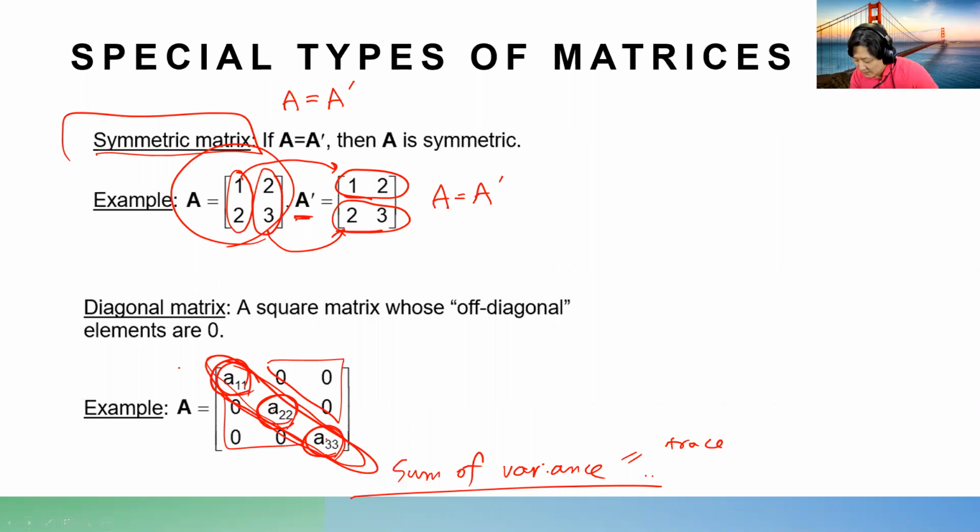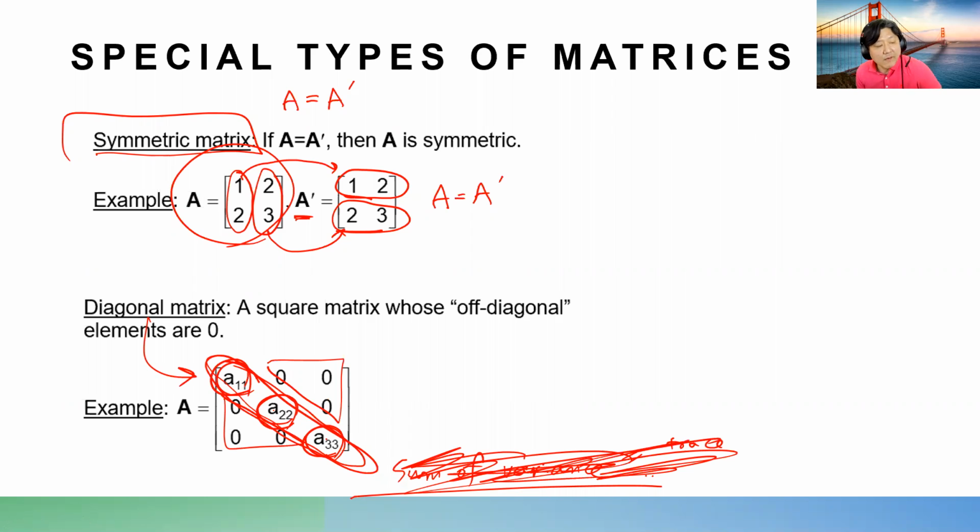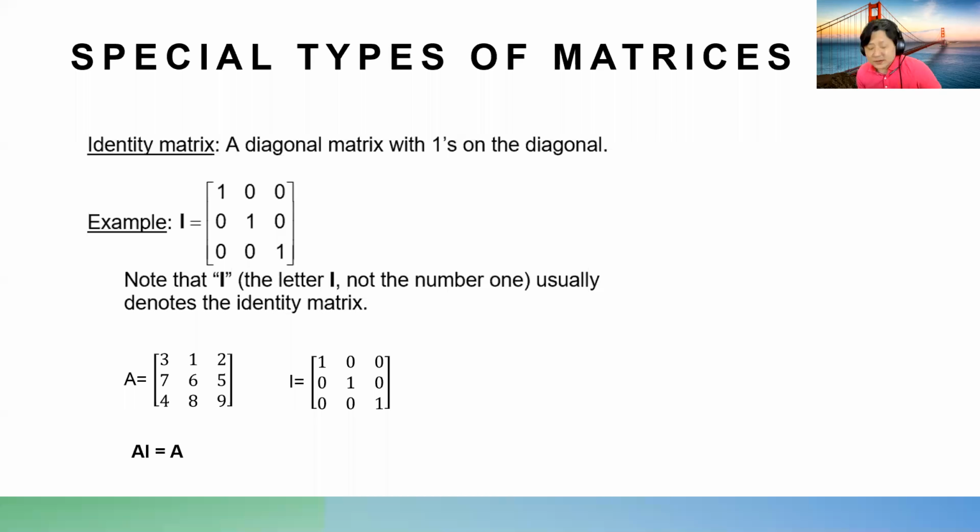This is called a diagonal matrix. Okay. And the identity matrix is a special case of a diagonal matrix, but the identity matrix always has 1 in the diagonal elements. This is the identity matrix. Okay.